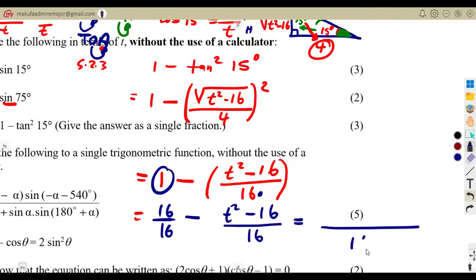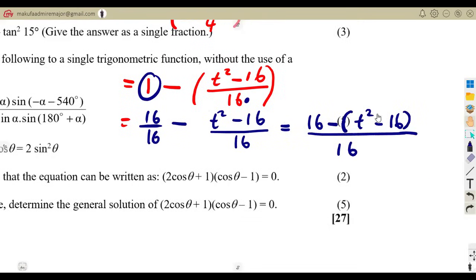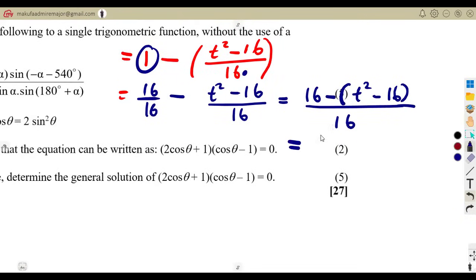So it will be 16 minus, but take note, this is an expression, so it must be put in a bracket: t squared minus 16. We are subtracting, yes, but it must be inside a bracket to show that everything has to be subtracted. So it's going to be 16 minus t squared, that's minus t squared.